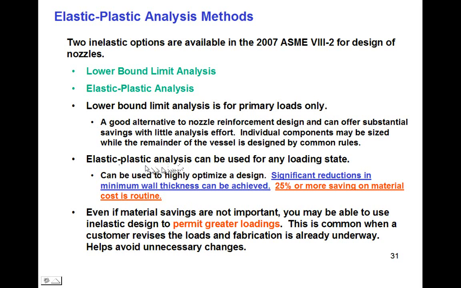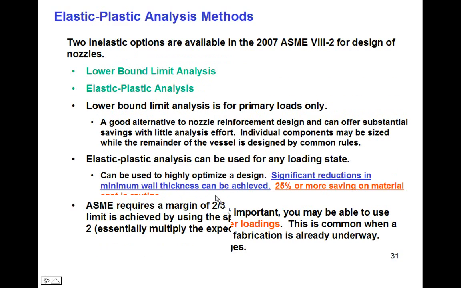Or we'll certainly be learning that we don't need a lot more elastic-plastic analysis because we've run a considerable number of them. Even if material savings are not important to you, you'll find that the elastic-plastic analysis will permit greater loadings. And this is oftentimes common when customers revise loadings after fabrication or construction is already underway.